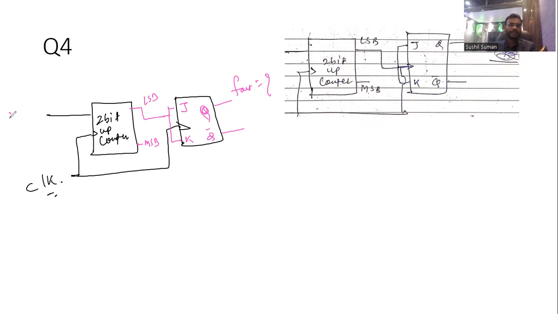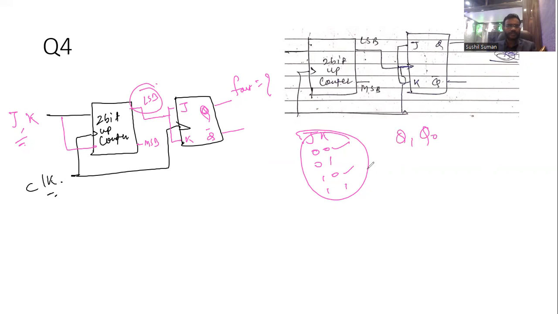Here is the input in terms of JK. Let's say this is a 2-bit input. My dear students, JK has 4 possible combinations. Let's say the outputs are Q0 and Q1, so there are 4 possible outcomes.